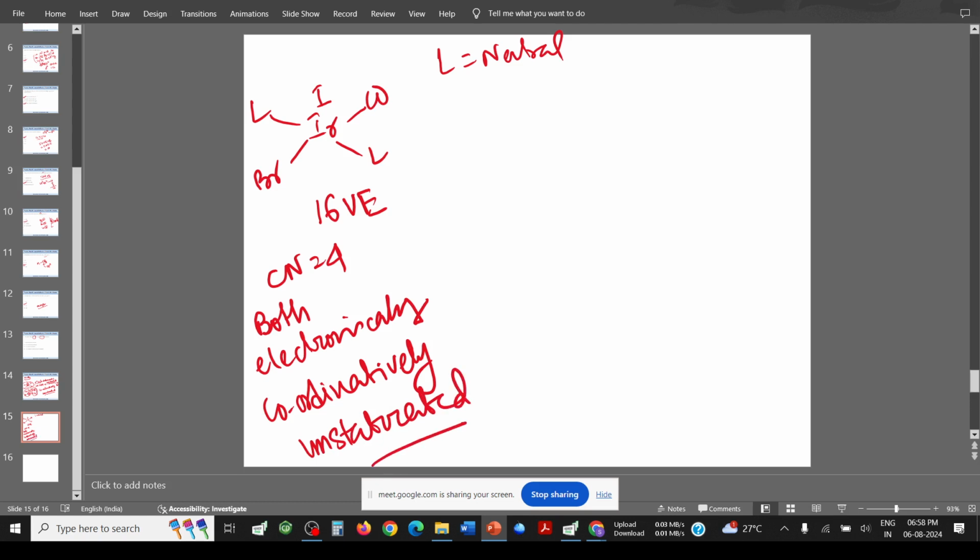Okay, so for these types of complexes, this complex is electron rich, having +1 oxidation state, having less than 18 valence electron, and coordination number less than 6. So these complexes easily undergo the oxidative addition reaction.